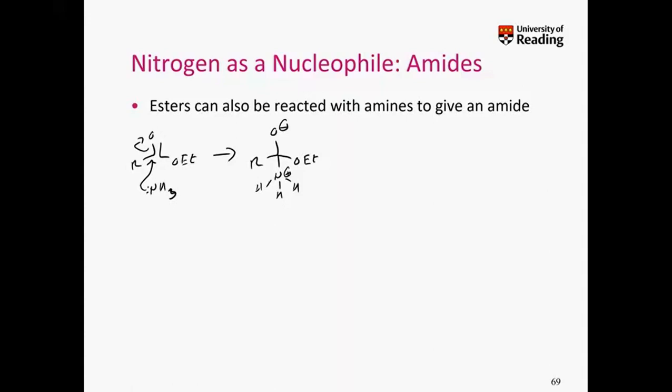Again, at this point we can deprotonate, so we can take a proton from here, okay, and then we get to a point where we have a choice again. So if we just draw that molecule a second time, we can have a look at what would happen with this choice.